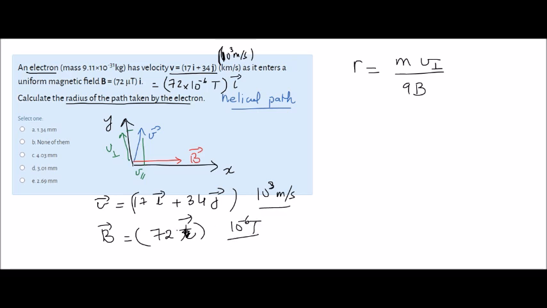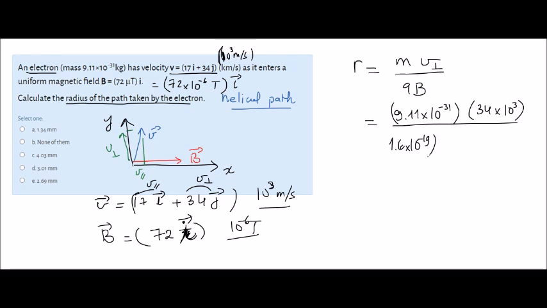Okay, so B is along i, and v is along i and j. So that's v parallel, along i. Where is v perpendicular? It is the component along j. So it's 34. So what do you do? What is the mass? 9.11 times 10 to the power minus 31. What is the velocity? 34 times 10 to the power 3, divided by 1.6 times 10 to the power minus 19.